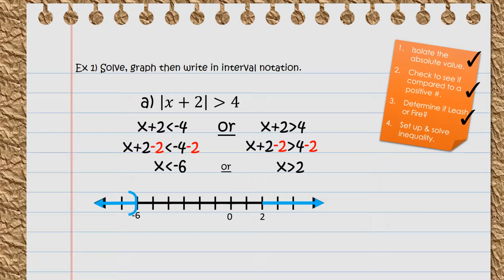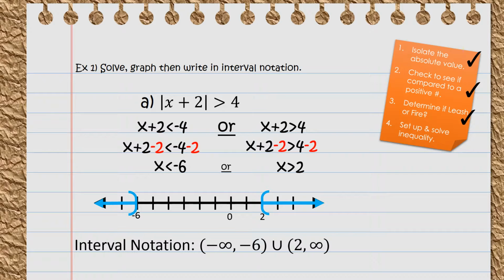And again, because there is no equal to, it will be a parenthesis. And there is your graph. From here, we're ready for interval notation. And that would be negative infinity to -6, parentheses, union, which means or, parentheses 2 to infinity.